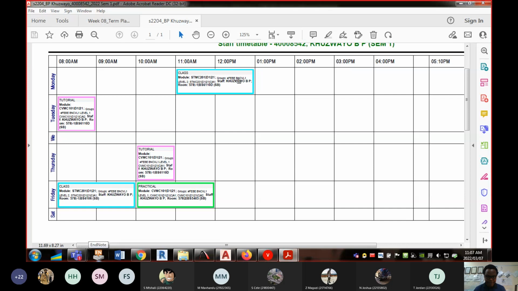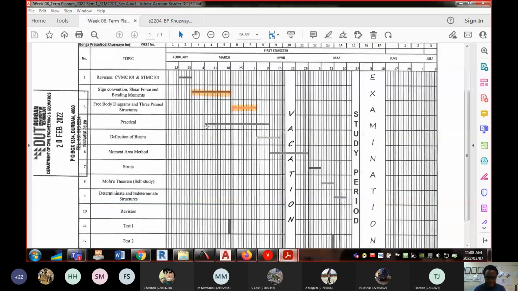On Monday, 11 to 1, and on Friday, 8 to 10, it shows everything is lectures. The reason for that is this. If you look at the term planner, you will see that we only need maybe between 3 to 5 weeks of that time to actually do practicals.